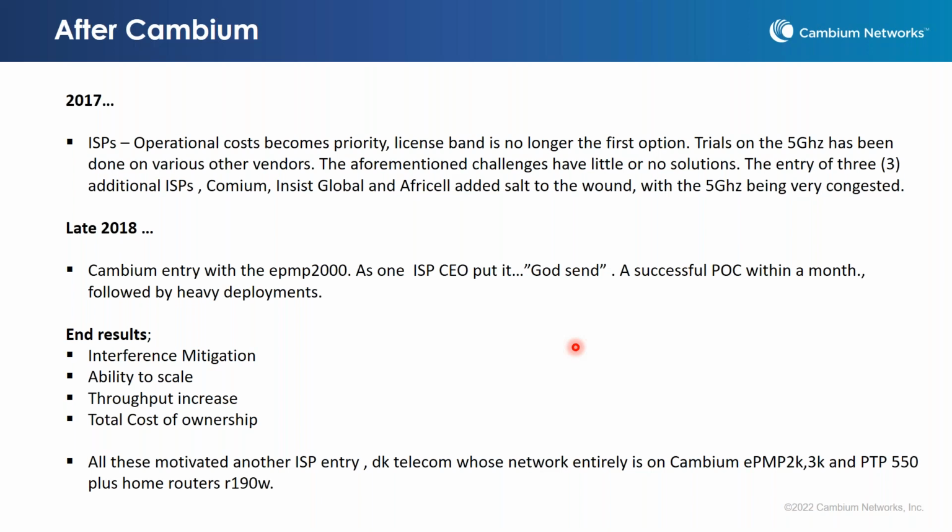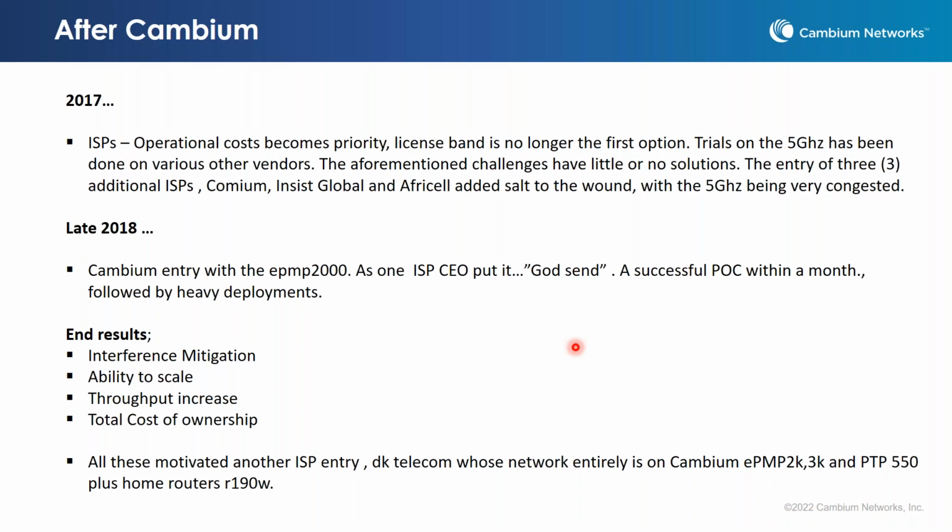Because if you put yourself in the shoes of any ISP, you want to operate as a business and make a profit, and the only way you can do that is with a technology that is not very expensive, but at the same time is able to do the job that you want.